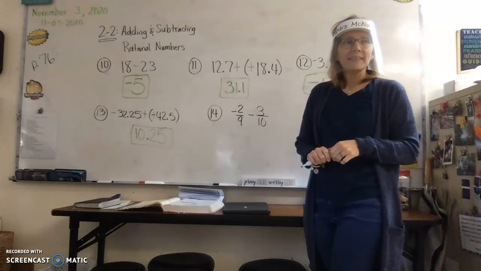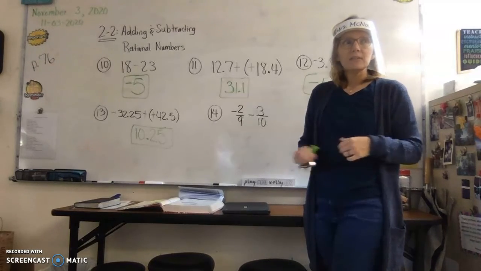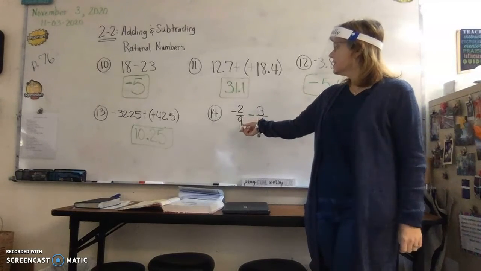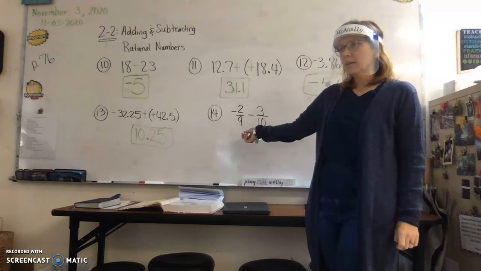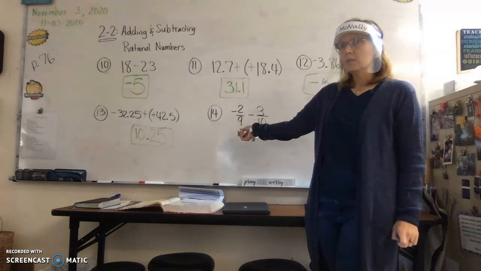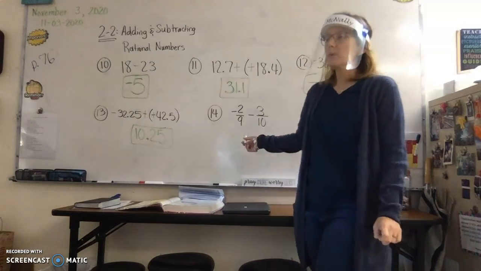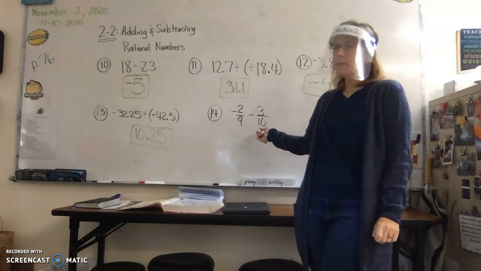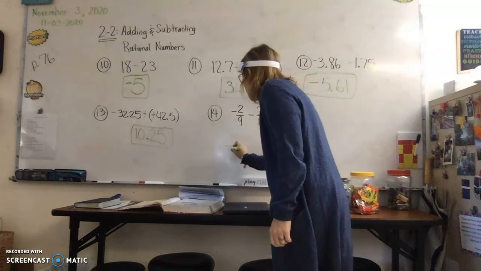A whole number can't go into 9. Do you know what the least common denominator is? So sometimes the best way to find it is just to multiply the bottom two numbers together. So 90 is going to be our least common denominator on this one.